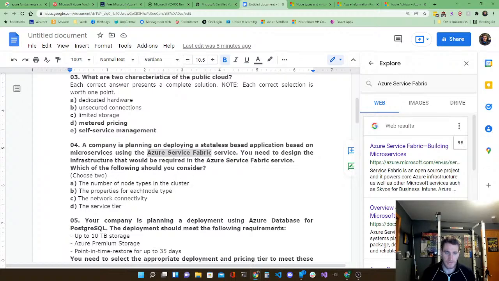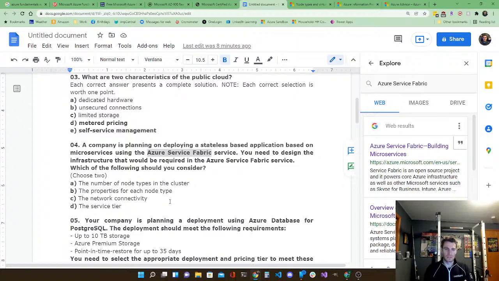The properties of each node type. I think that's going to be an important thing. I think network connectivity, while that's like important, we're not necessarily saying that the Service Fabric is going to be on prem or public, on Azure or AWS. I don't think it's saying that.